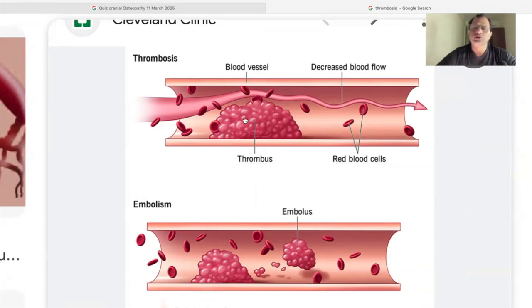Thrombus means a stationary blood clot, a blood clot at one place inside the blood vessels. That is thrombus. And the embolus means moving blood clot, and it will float in the blood vessels with the blood stream, and it might go anywhere. So any clot that can flow is called embolus.